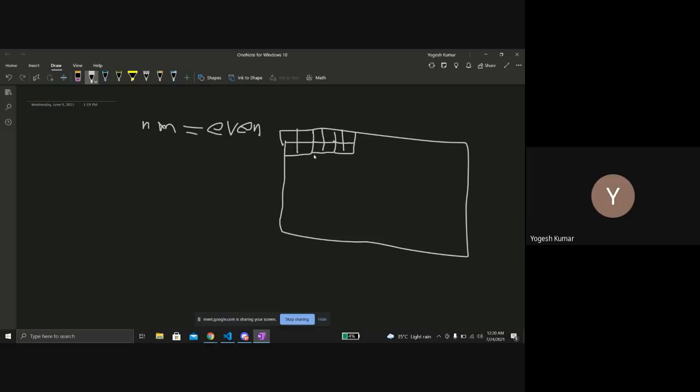If you are dividing it into a square of size 2 cross 2, then you can obviously fill up this row as well as column, because this length is also divisible by 2 and this length is also divisible by 2. So what I thought about it, first I handled this case, then I went about the other case.